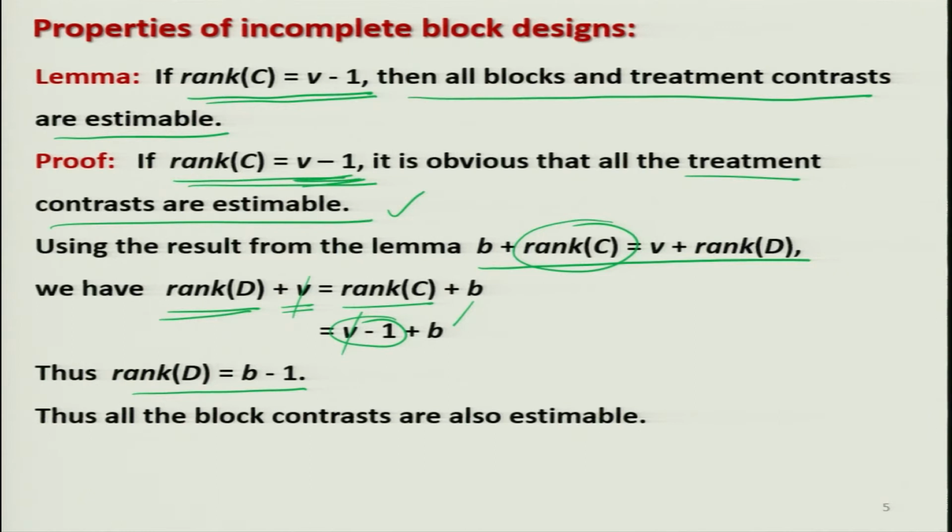Similarly, we can see here that when rank of D is equal to B minus 1, then all the block contrasts are also estimable, right.